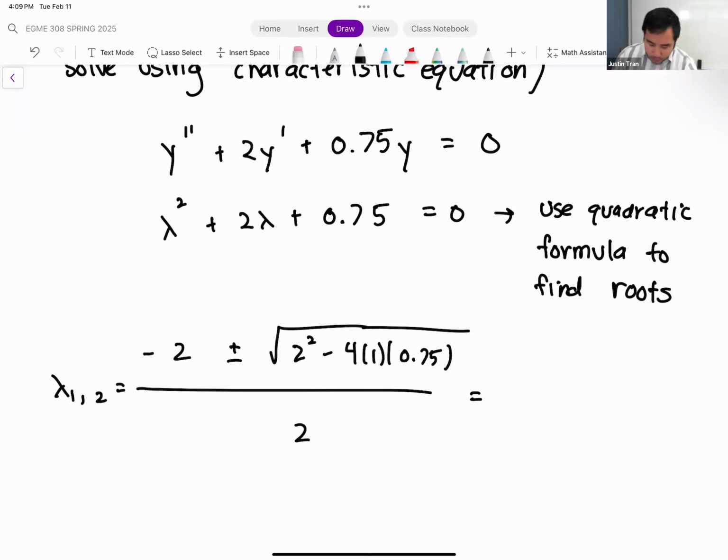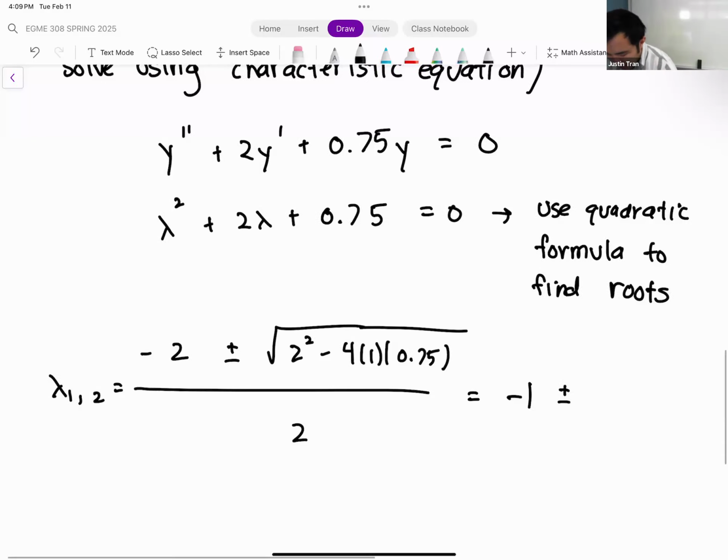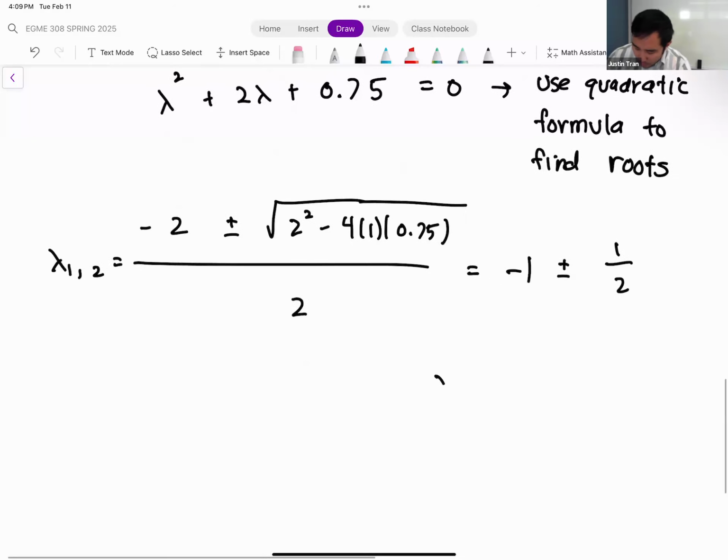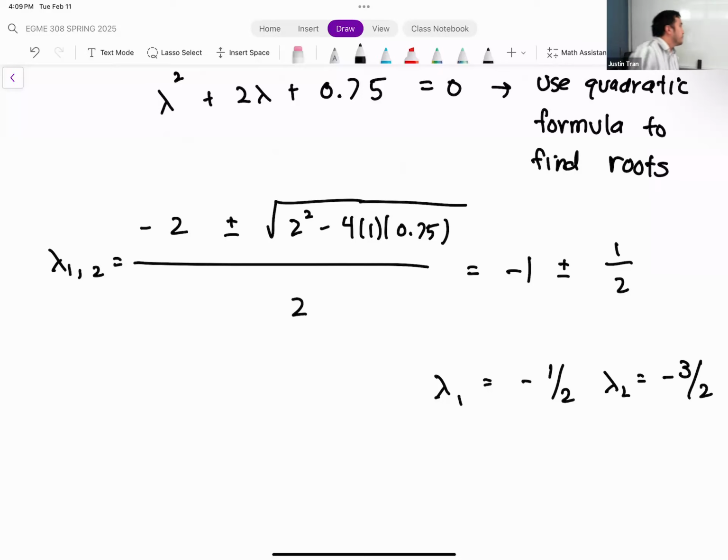All right. And so we do the math here. We have -2 divided by 2, that's -1, plus or minus the square root. 2 squared is 4. 4 times 0.75 is 3. So we have 4 minus 3, square root, that's just 1. Okay. We have -1 plus or minus 1 over 2. So that means our roots here, lambda 1 is equal to -1/2, and lambda 2 is equal to -3/2.